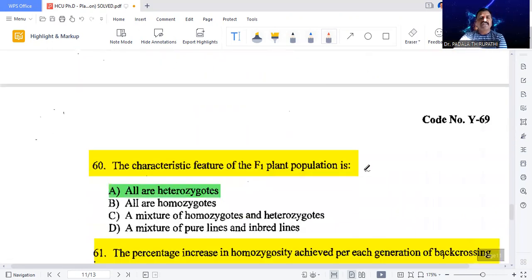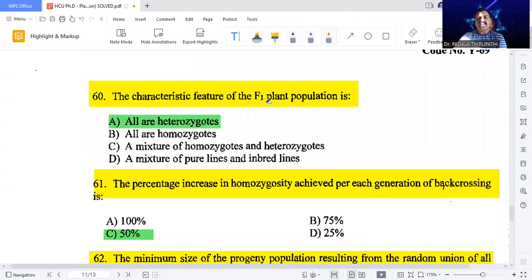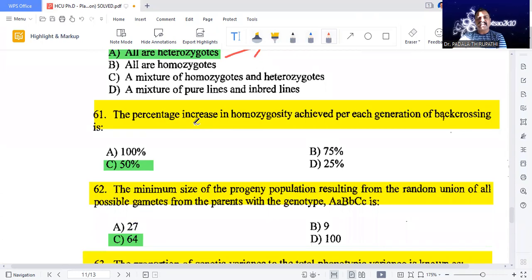Okay. Then the characteristic feature of the F1 plant population: remember, all F1 plants should be in heterozygous condition, or heterozygotes. And the percentage increase in homozygosity achieved for each generation of backcrossing is 50%.